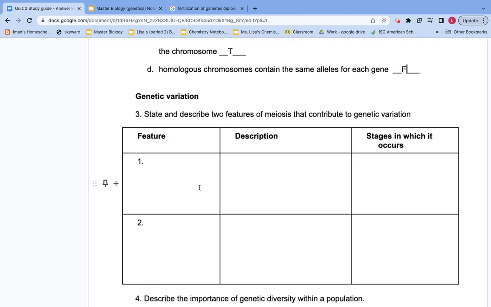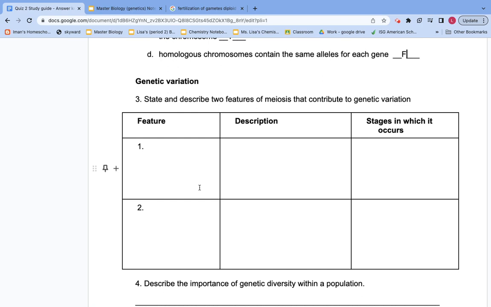Now, features of meiosis that contribute to genetic variation. This was also on the Calyx the cat gizmo, one of your free response questions. One feature is crossing over, and the other one is independent assortment.